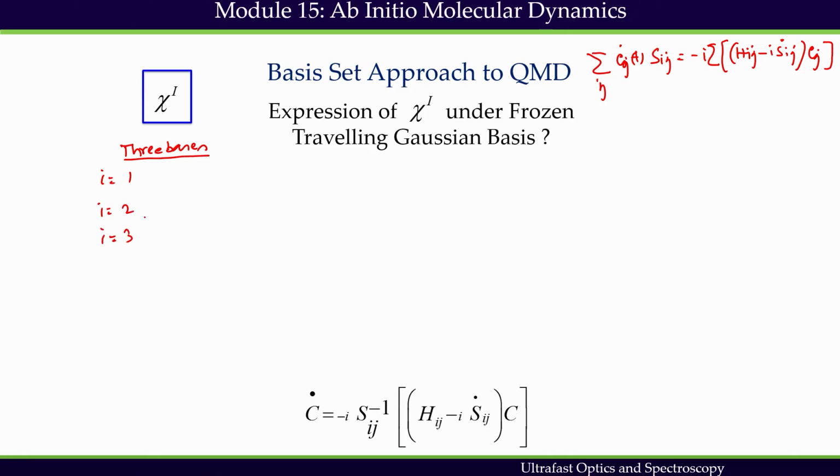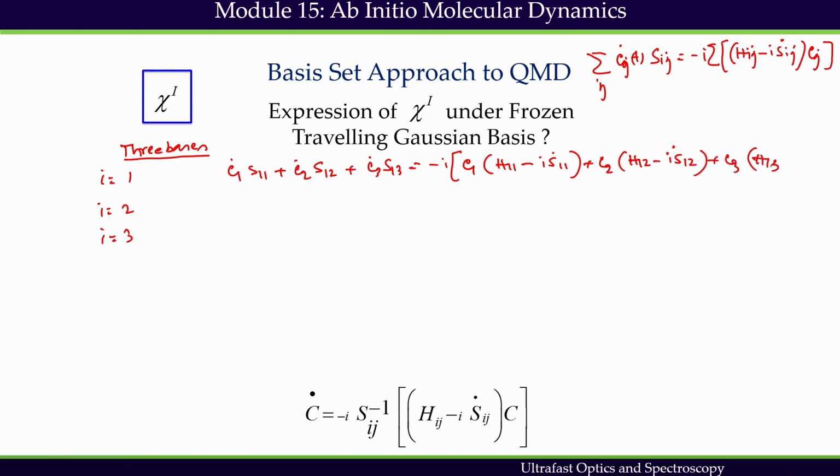If I consider that, then I get C1 dot S11 plus C2 dot S12 plus C3 dot S13 equals minus I times C1 H11 minus I S11 plus C2 multiplied by H12 minus I S12, these are dots, plus C3 into H13 minus I S13 dot.